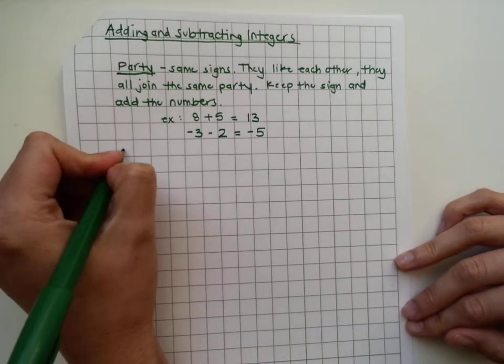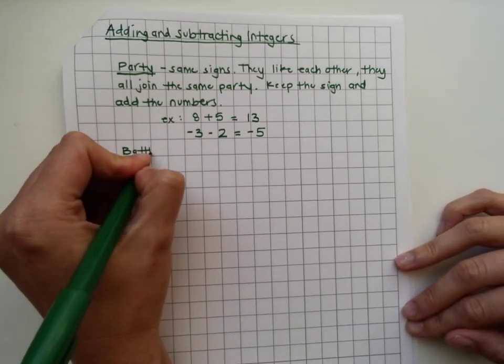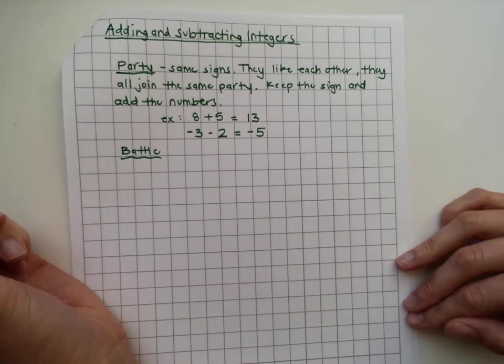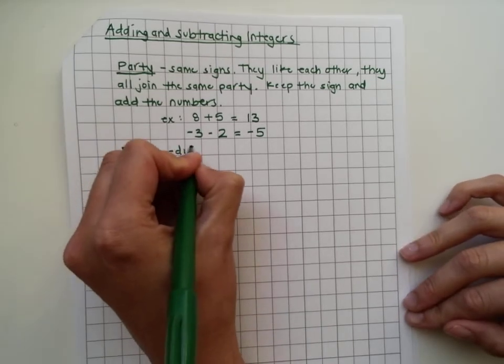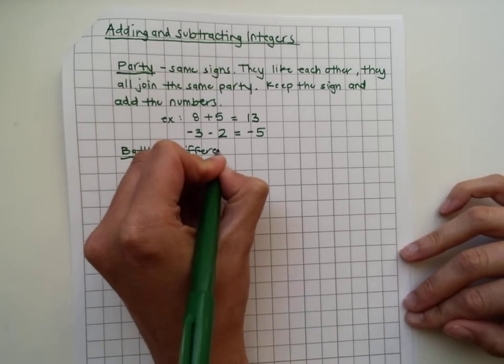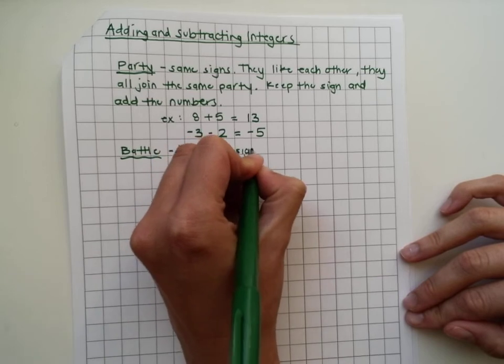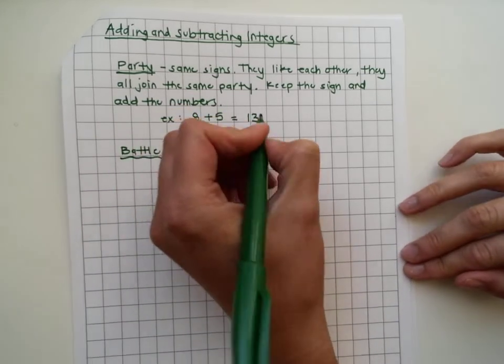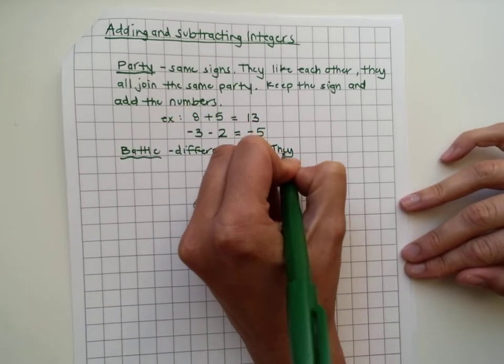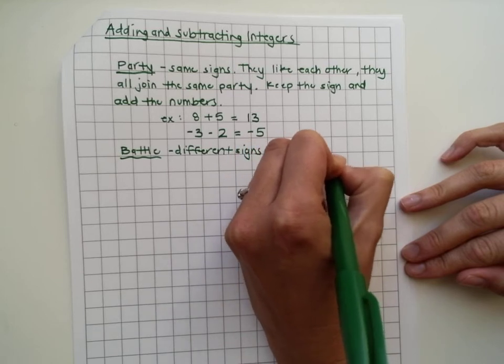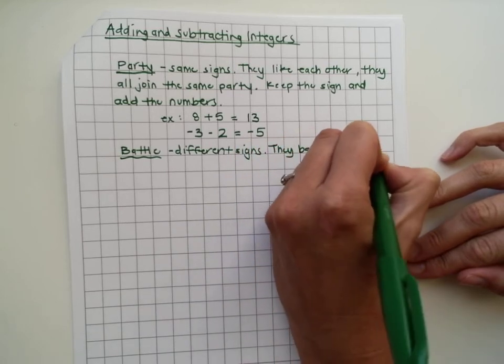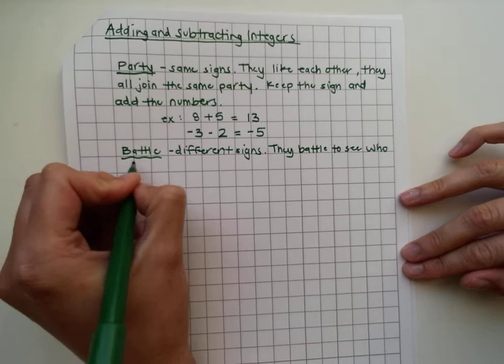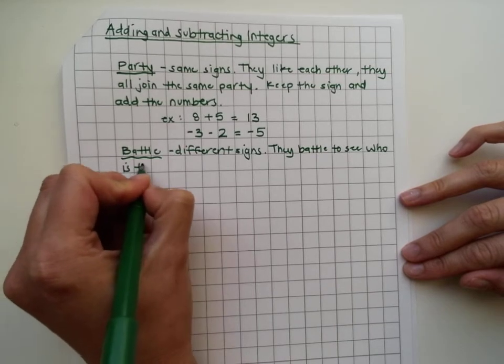Okay, the other option is battle. And so they're going to battle when there are different signs. So they battle to see who is the largest and by how much.